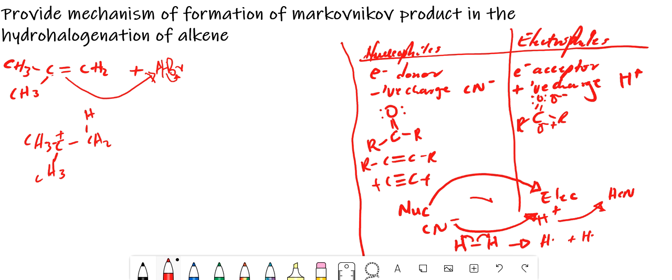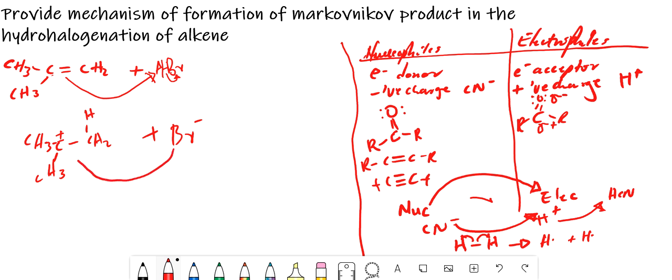Alright, so in this case you will have bromine with a negative charge because the electrons went all to bromine. So now this will act as a nucleophile. It will attack the electrophile, okay, the positively charged carbon.